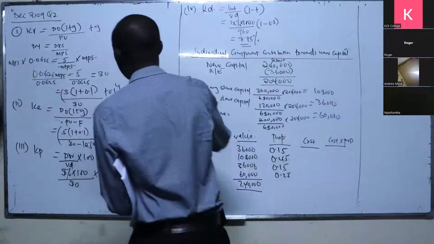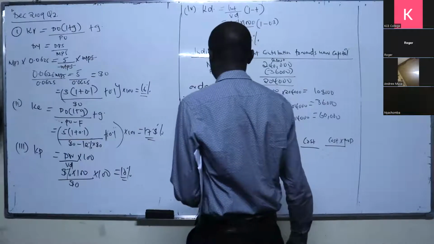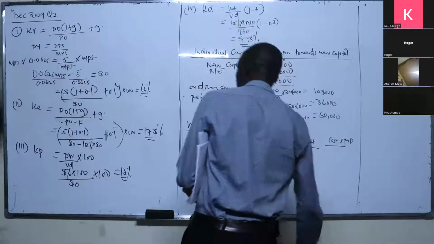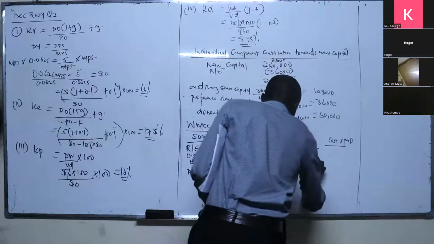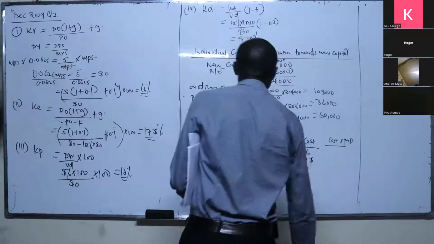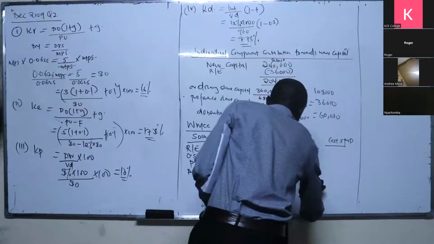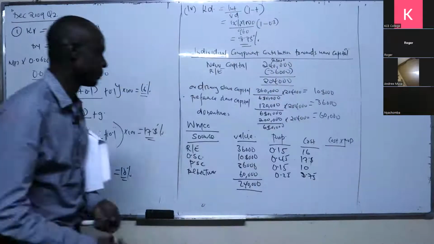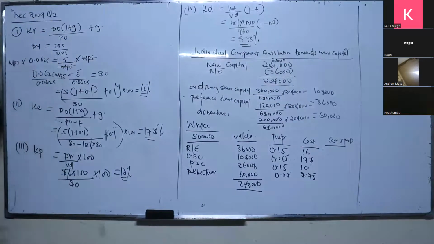The cost of retained earnings is 16. The other one is 17.5. 8. The other one is 10. And the other one is 8.75. Then you multiply. 2.4.